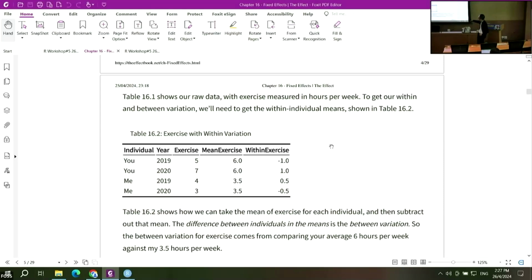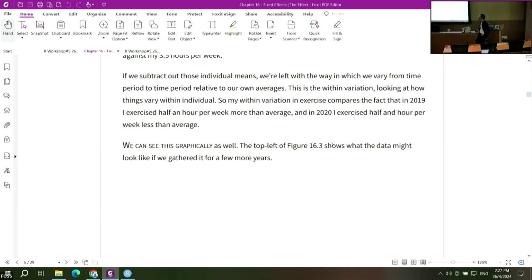The between variation between you and me is your 6 hours compared with my 3.5 hours. Okay, so if we subtract out those individual means, we are left with the ways we vary from time period to time period relative to our own average.